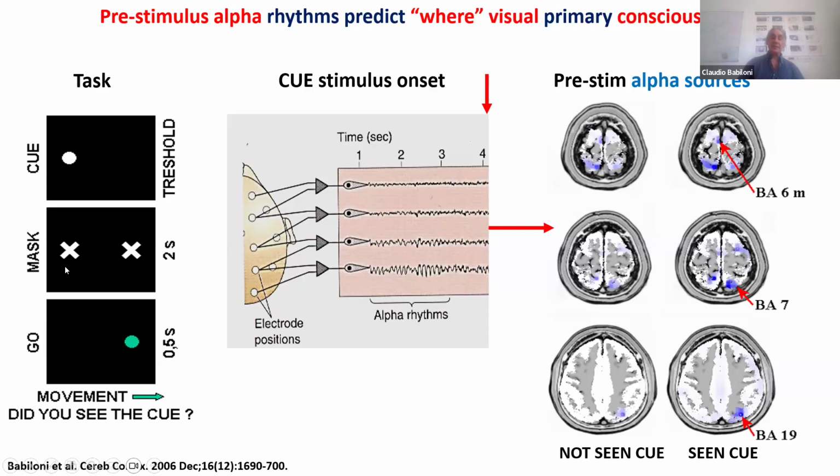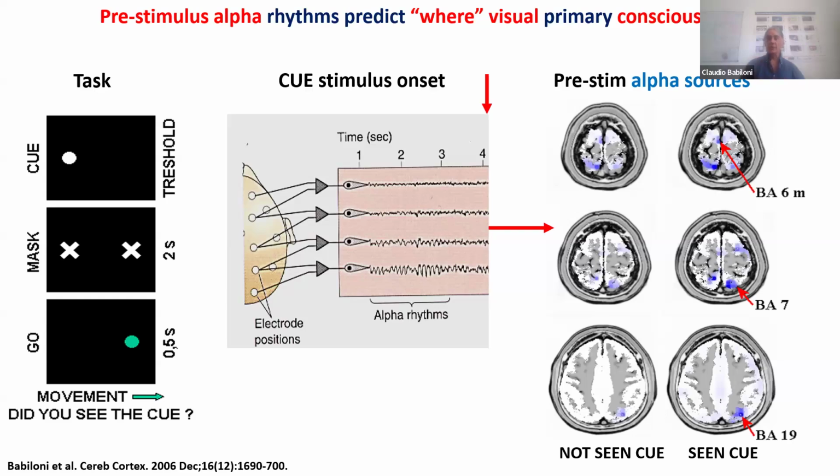In the experiment, which was inspired by the classical Posner's visual attention task, the cue stimulus was valid to predict the side of the go stimulus in about 70% of cases.